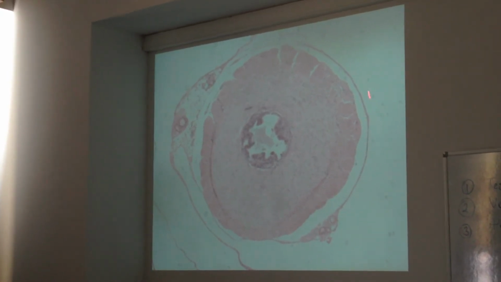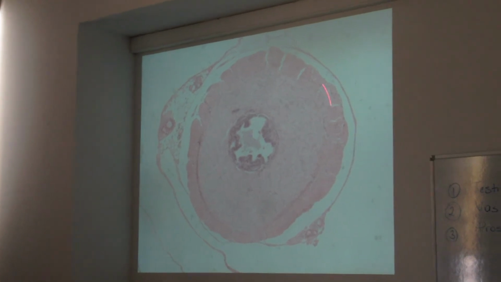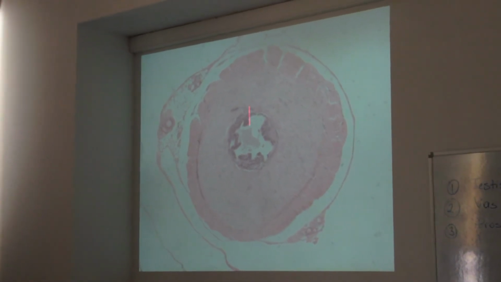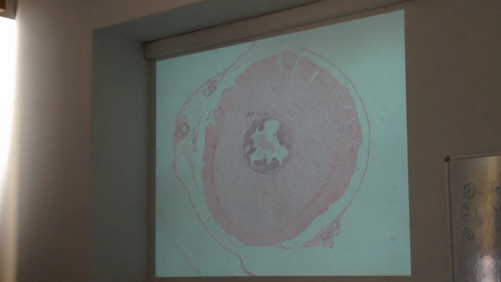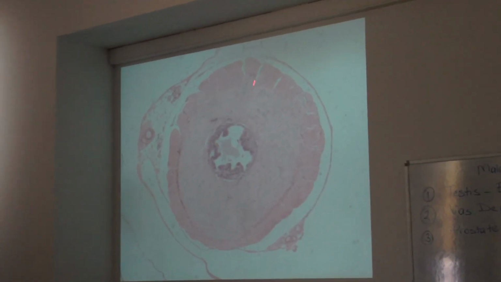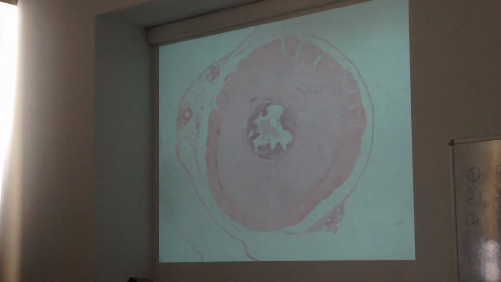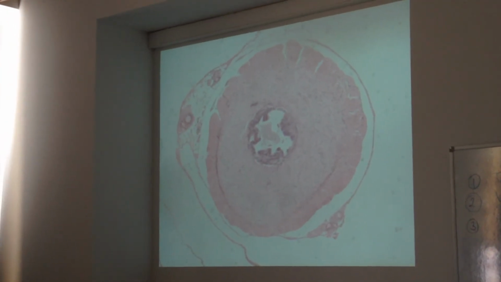And this is tunica adventitia, the serosa surrounding the vas deferens. So you can easily distinguish ductus deferens or vas deferens with its thick muscular layer, and here is the epithelium.